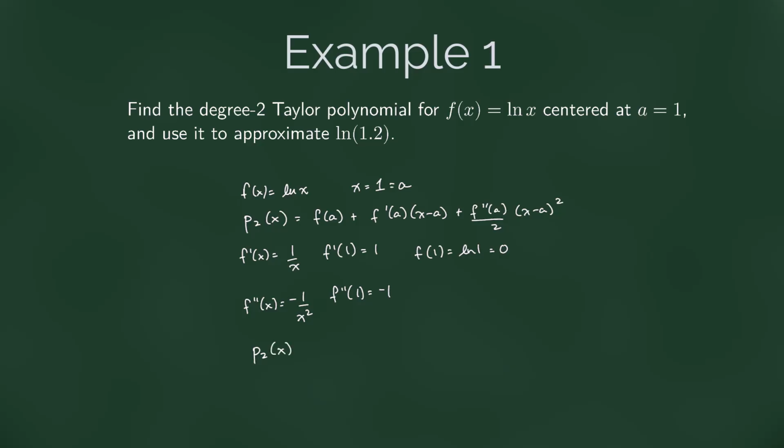And also notice that f of 1 is the natural log of 1, which we know is 0. So if we build our polynomial p2 of x, we get f of a is 0, plus f prime of 1 is 1 times x minus a, which is 1, plus f double prime of a over 2, so then we have minus 1/2 times x minus 1 squared.